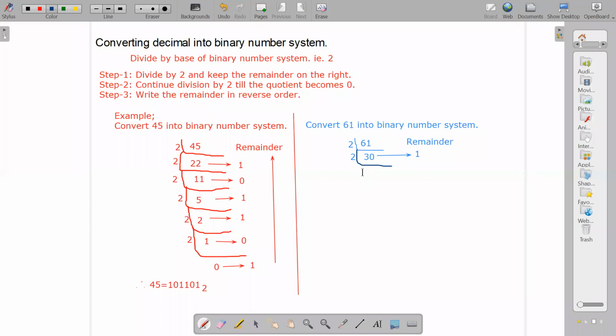2 how many times to get 30? 2 1s are 2, 2 5s are 10, now 2 15s are 30. Remainder is 0.